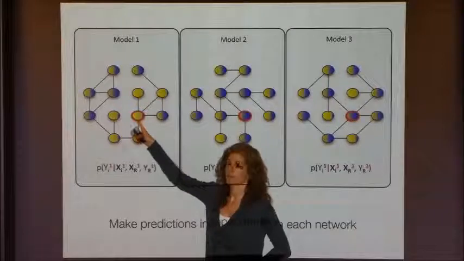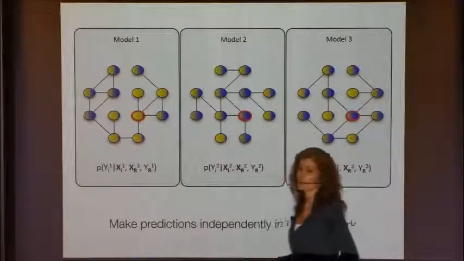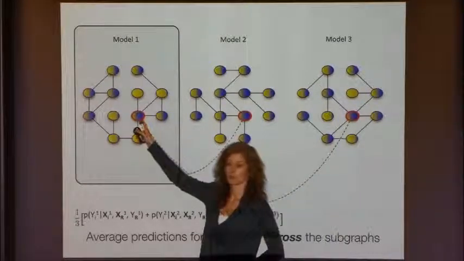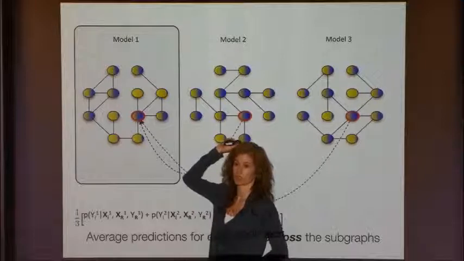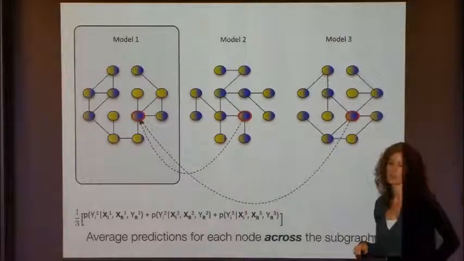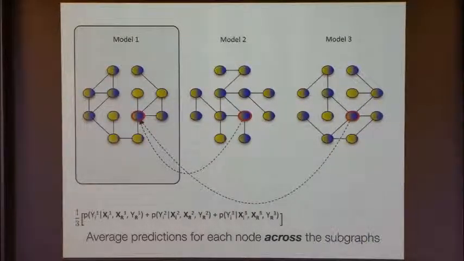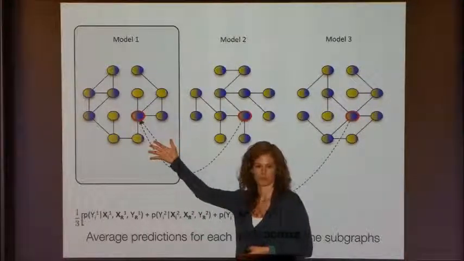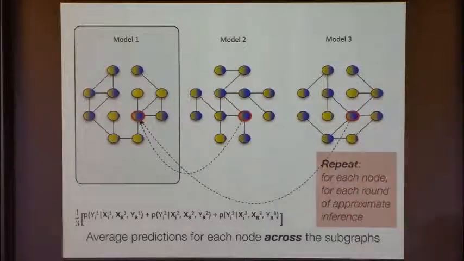But in this graph, they think it's mostly yellow, right? And so what we'll do is average those predictions before we go to the next round of inference. And this guy will become mostly blue because the other ones were blue, right? So this interleaving of the aggregation while we're doing collective inference helps to prevent errors being propagated through the network because of some strange graph structure that you're seeing just because of variance in the data, okay?